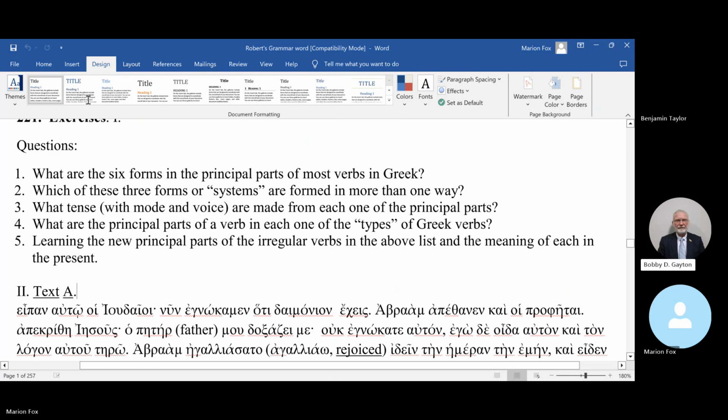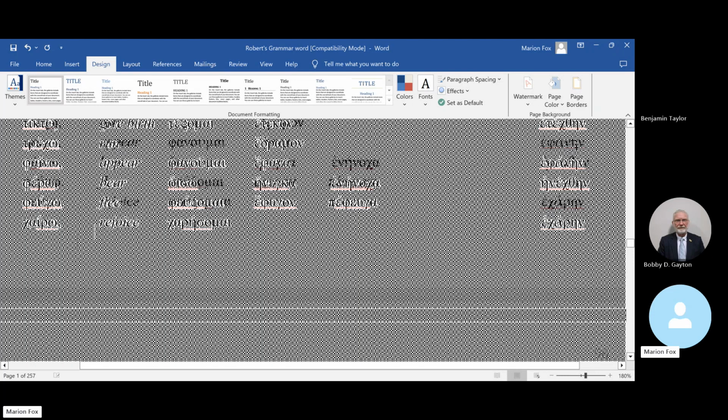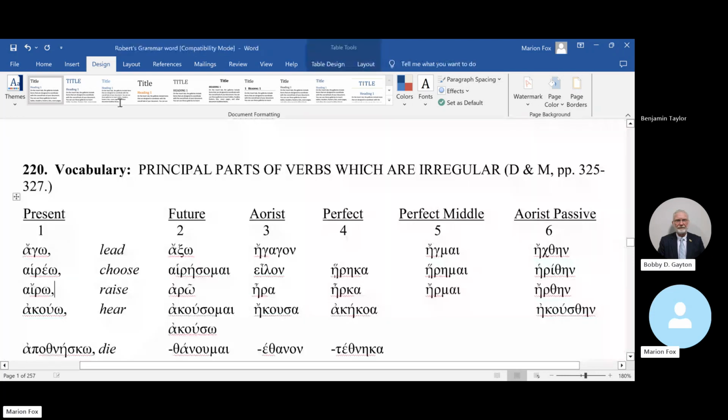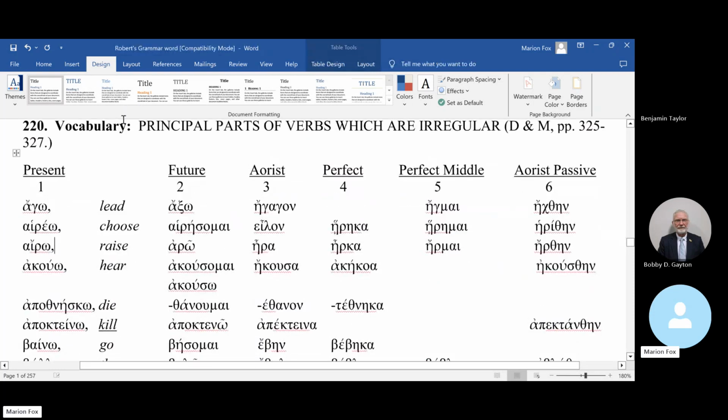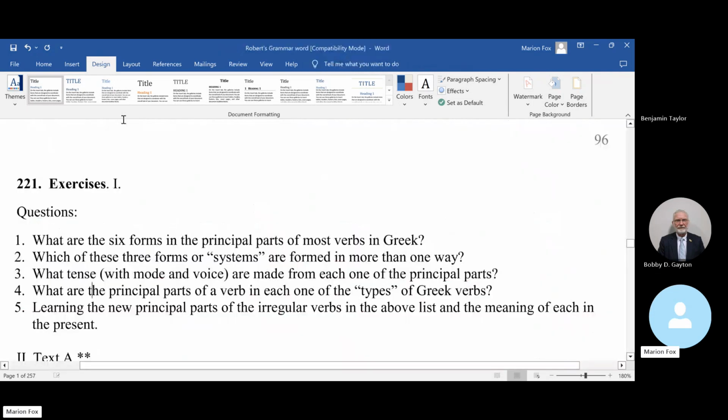Well, let's look at it here. They're listed right here at the top of these columns. Those are your 6 forms: present, future, aorist, perfect, middle, and aorist passive. So there's various forms, okay? All right. As to which of these 3 forms or systems are formed in more than one way.